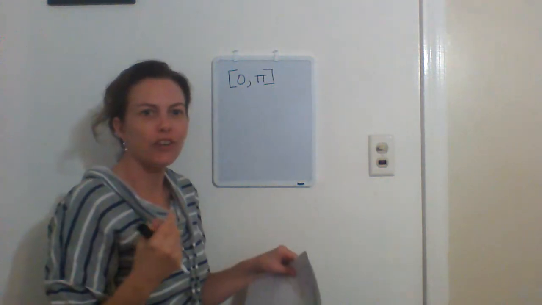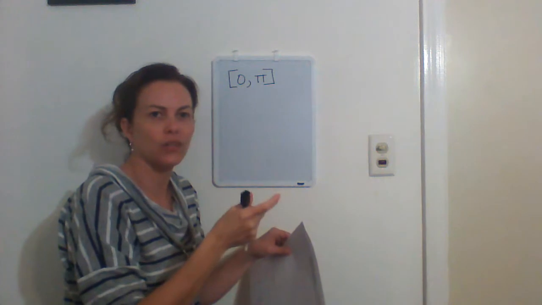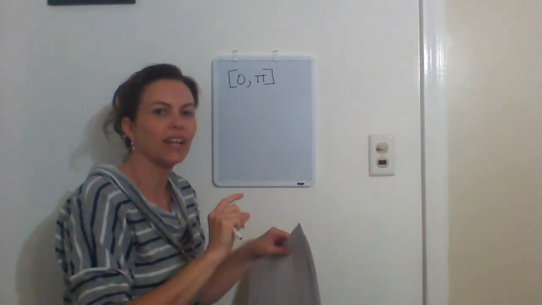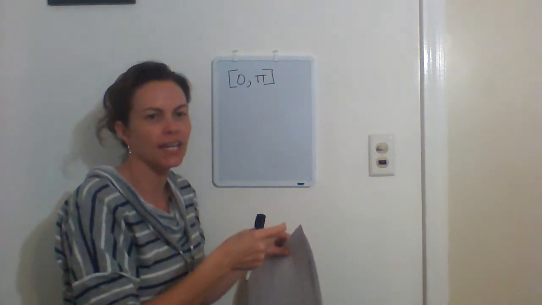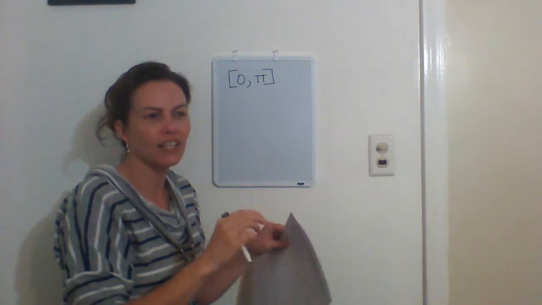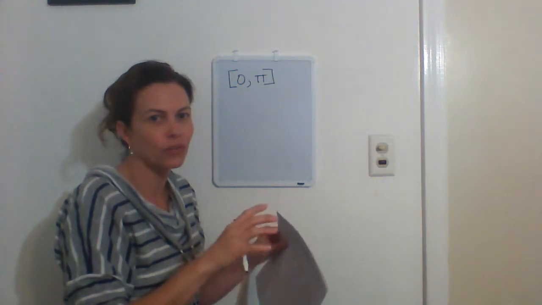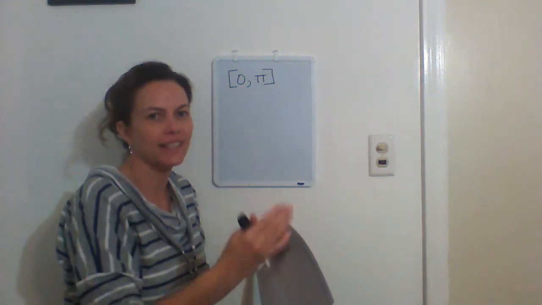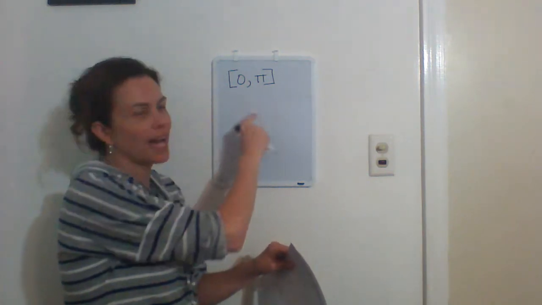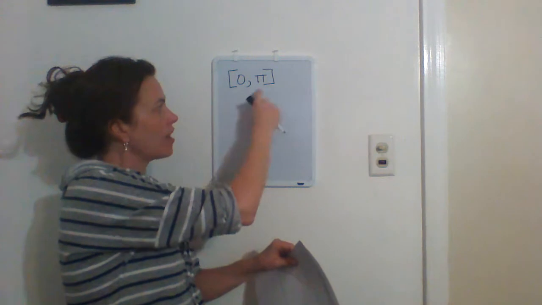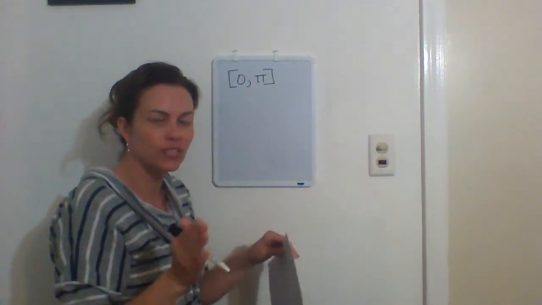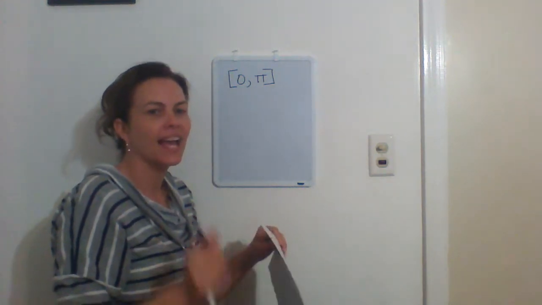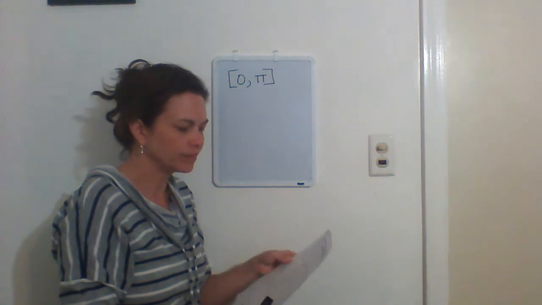Because in quadrant 1 I get all the positive values of cosine, and in quadrant 2 I get all the negative values of cosine, and then when I look at 3 and 4, it's just a repeat of all those values. So really, I get every value of cosine that exists from 0 to pi. And notice these are the squared off brackets. That means it includes 0, it includes pi as one of the values.